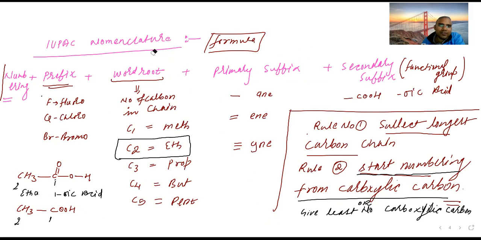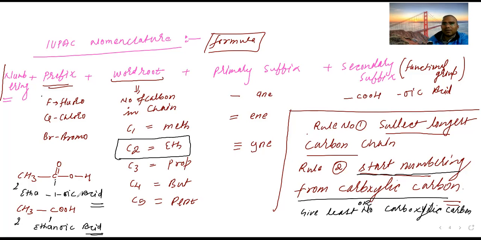I deleted the first one, so it becomes ethanoic acid. Similarly, 2 carbons means eth, single bond is there, ane, and for the first position, whether you mention it or not, there is no problem. So ethanoic acid. Can you understand this?